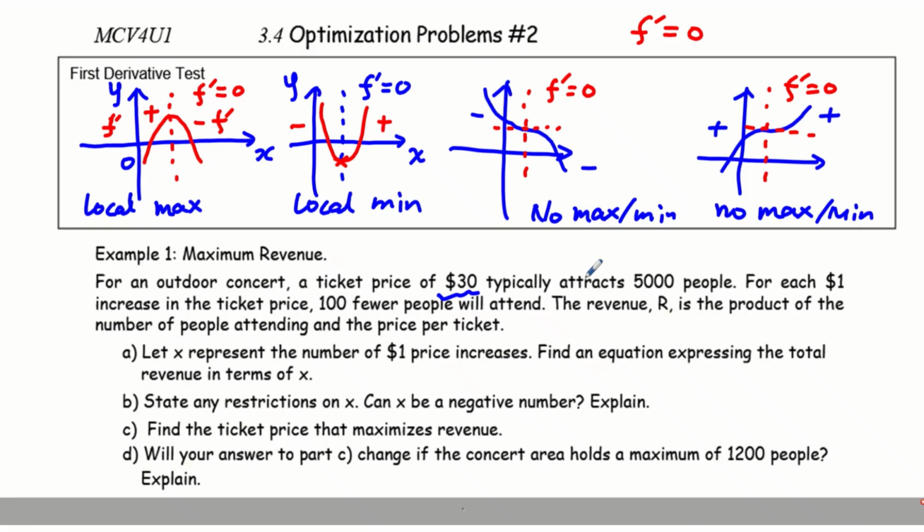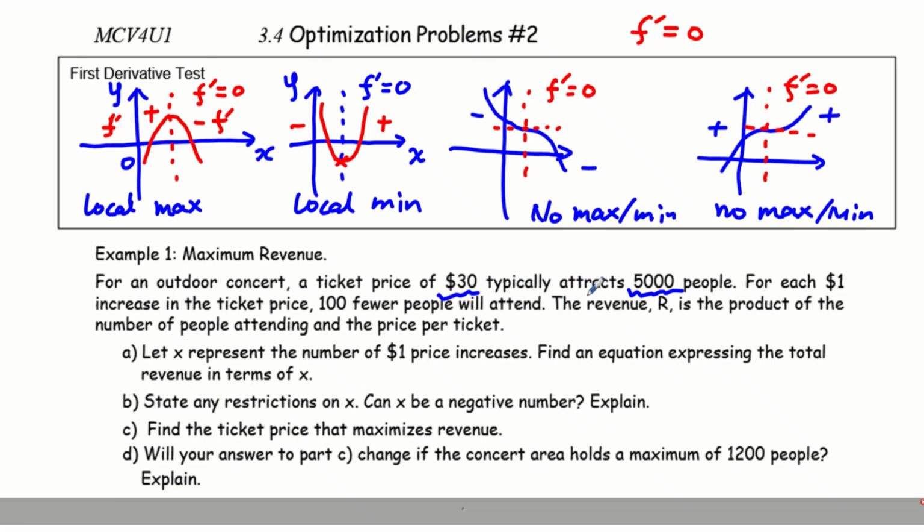You have seen this type of question in grade 10 and grade 11. At that time we used the vertex form, finding the vertex to find the maximum or minimum, and this time we are going to use the first derivative to find the maximum or minimum.